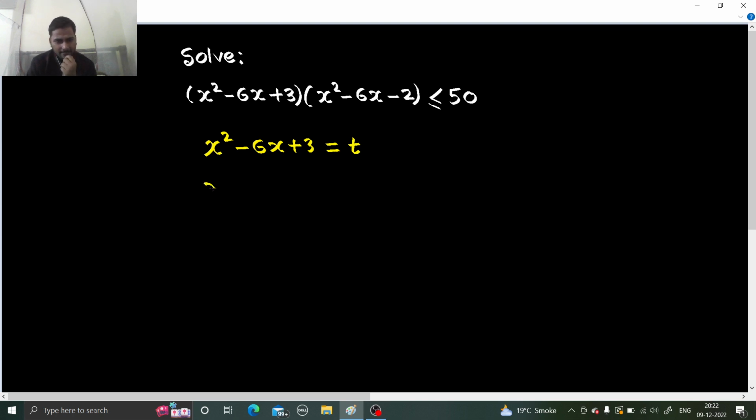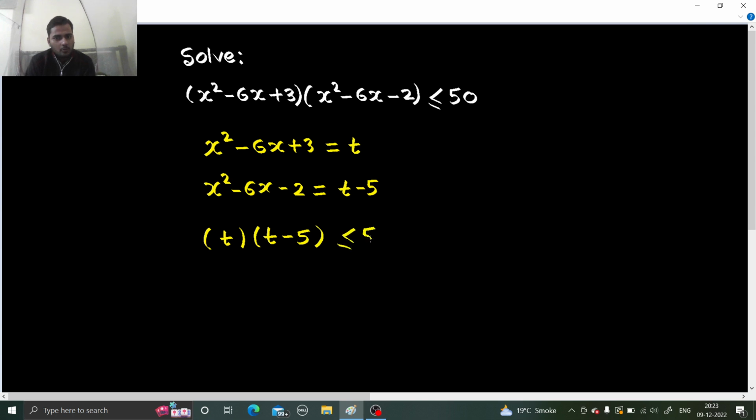So my second bracket, x square minus 6x minus 2, I can say is t minus 5, because if I do t minus 5, I will get x square minus 6x minus 2 only. Clear? Now my inequality can be written as t times t minus 5 less than equal to 50.